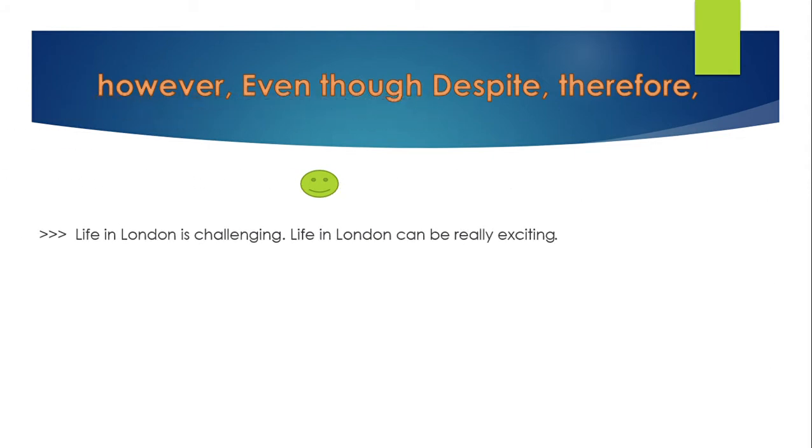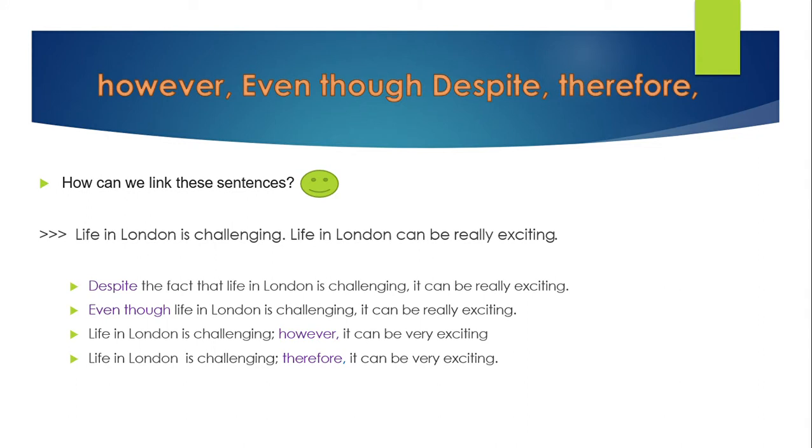Now see, however, even though, despite, therefore. Life in London is challenging. Life in London can be really exciting. How can you link these sentences? See, despite the fact that life in London is challenging, it can be really exciting.